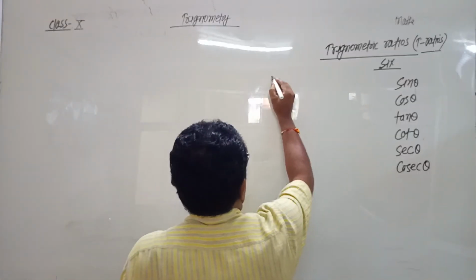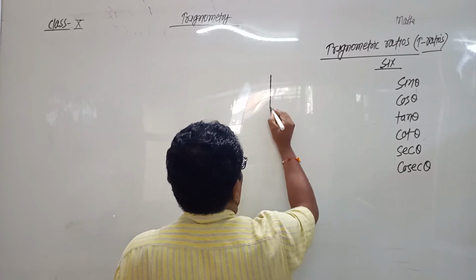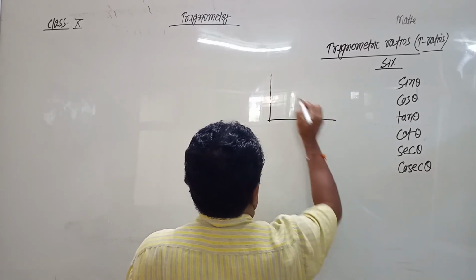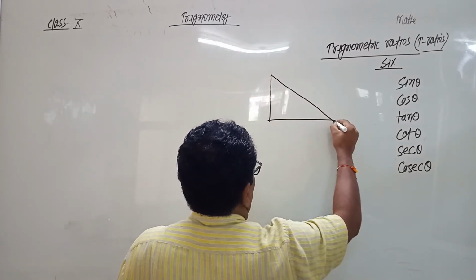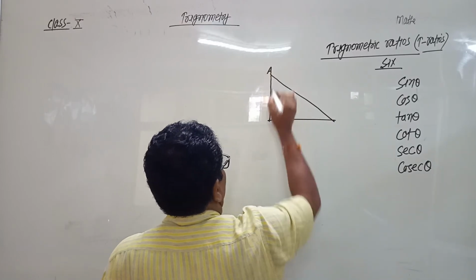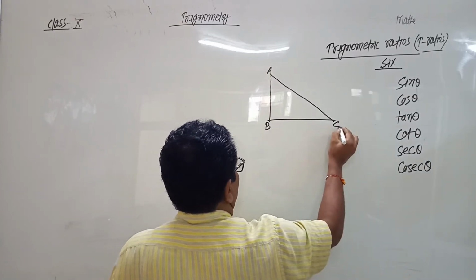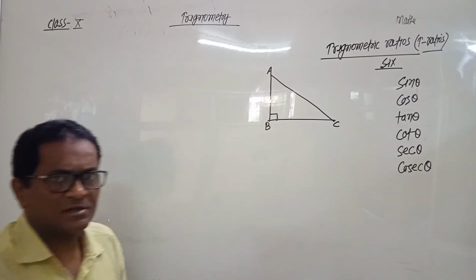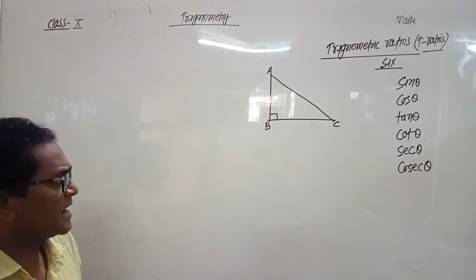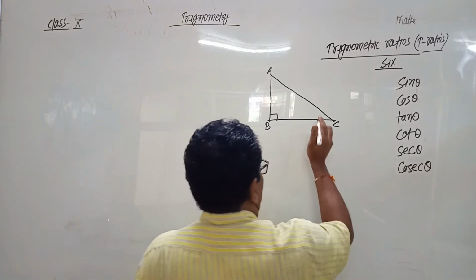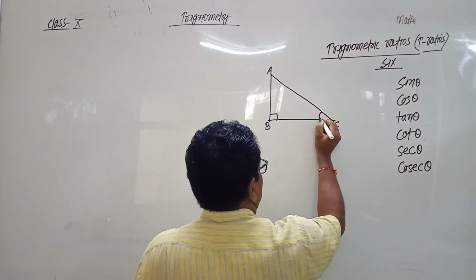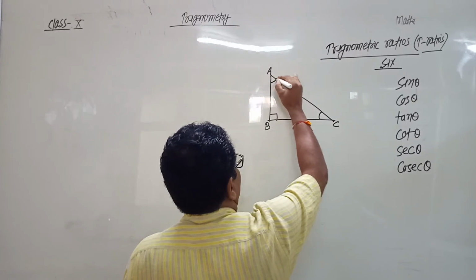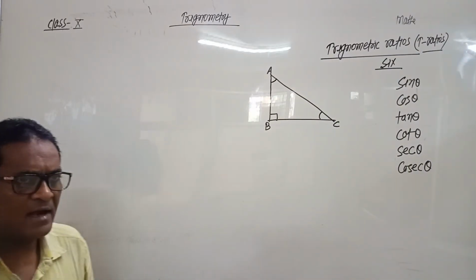For a right angle triangle, this is a right triangle ABC, in which angle B is the right angle, 90 degrees, and there are two acute angles. Angle A and angle C are acute angles.